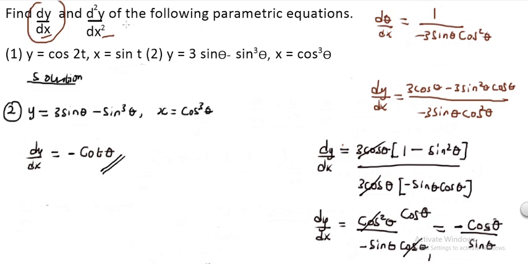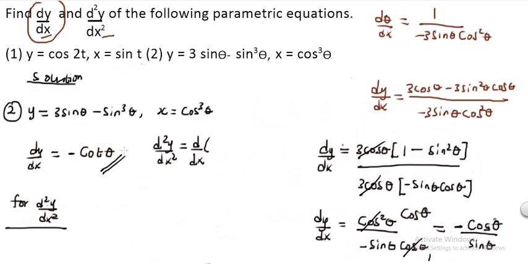Now the next one you need to find is d²y/dx². So to do that, I'll simply write d²y/dx². Now if you've not done this, you can pause the video and try to do it by yourself. So d²y/dx² is equal to d/dx, open bracket.